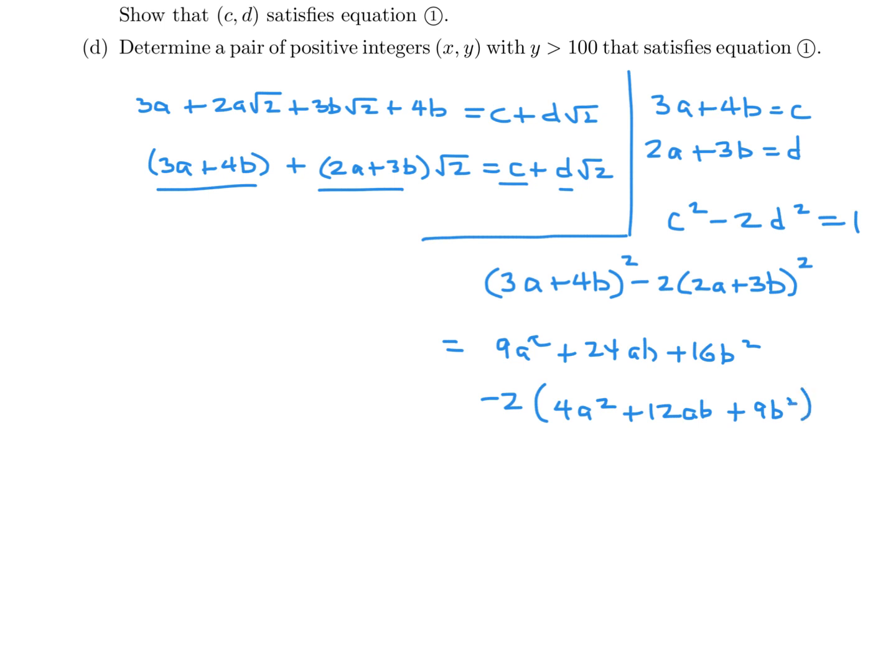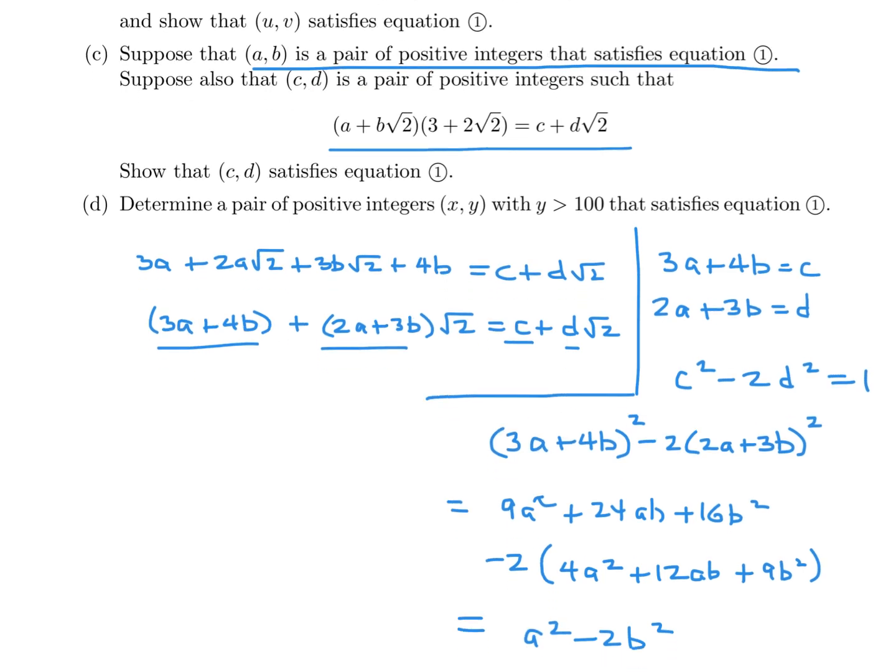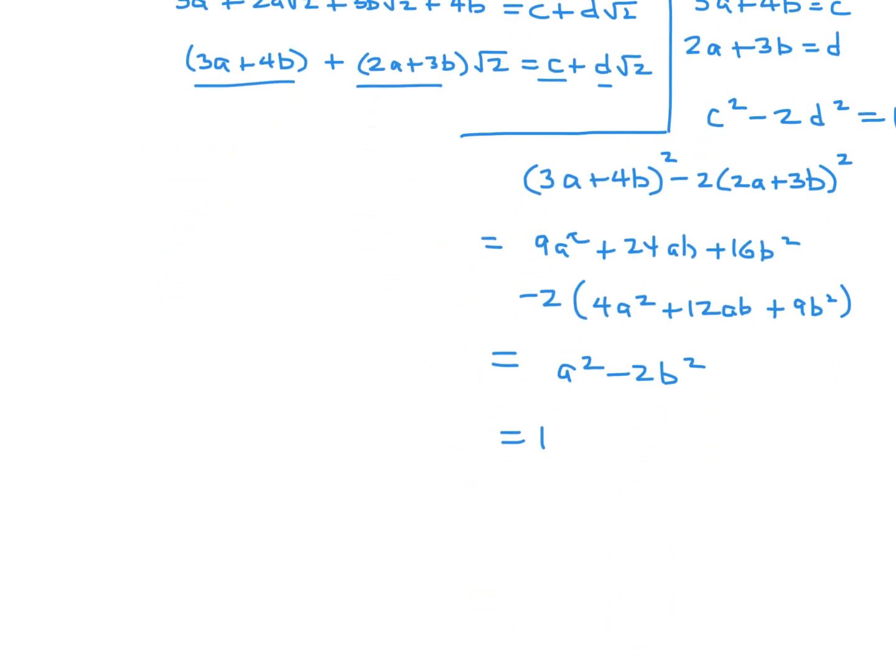And then when you collect all like terms, you will get a squared minus 2b squared. And that by definition is 1, since a and b is a pair of positive integers that satisfies equation 1. So I think that's pretty much all that they wanted us to do.